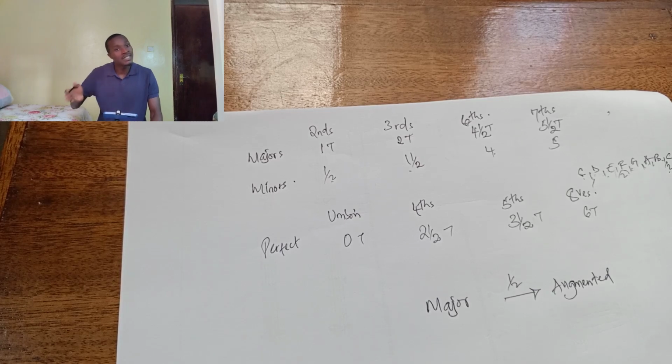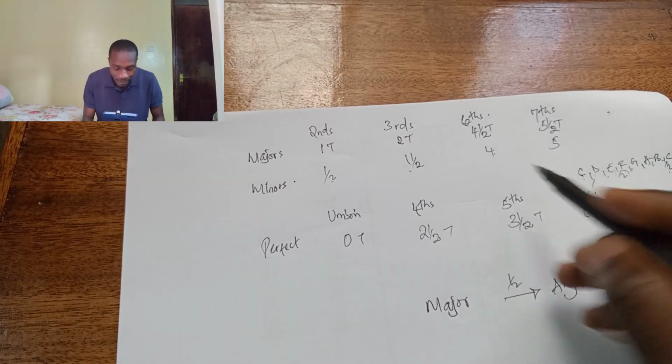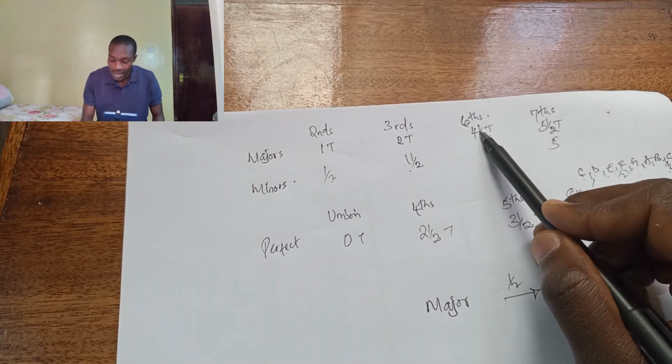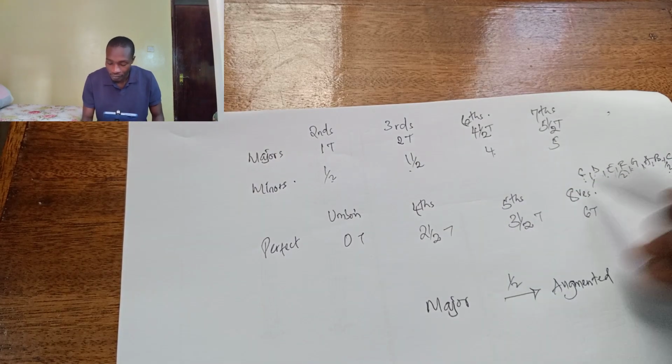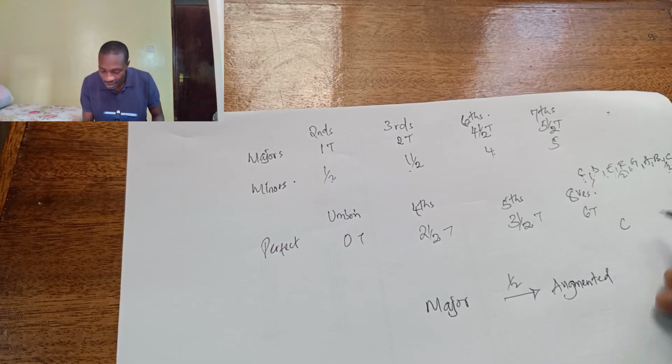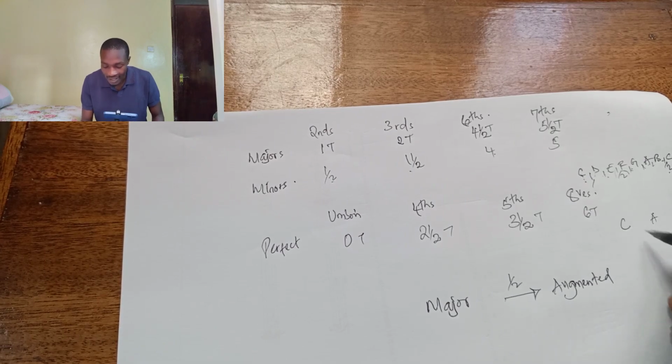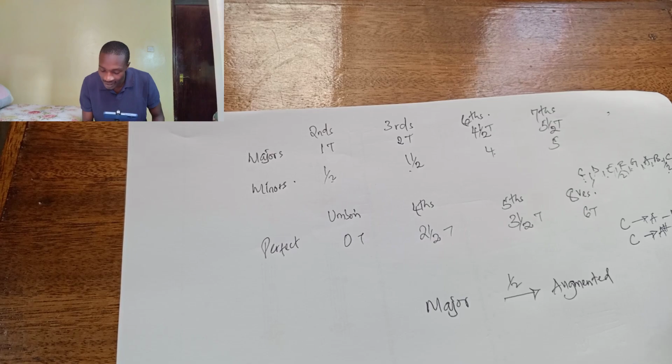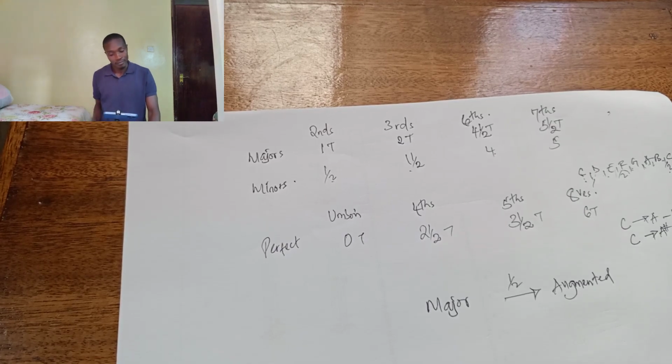For example, C to A is a major sixth. And then C to A sharp is going to give you an augmented sixth.